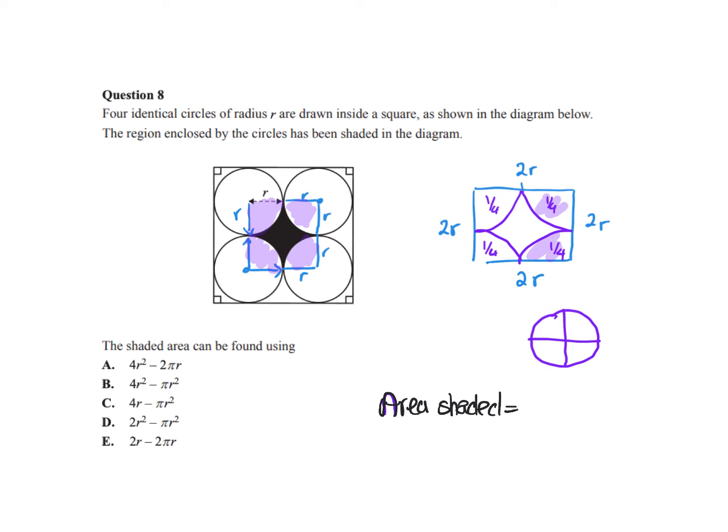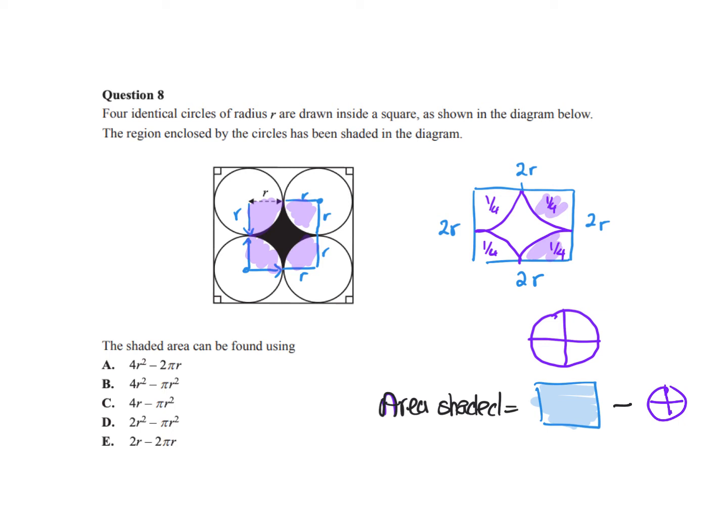What about if I found the area of the full square, and then cut out the area of those four quarters? Wouldn't I be left with just the bit in the middle? Is that true? Yeah. So I'm going to say that the area is the square minus the area of the four quarters. Four quarters makes a full circle, doesn't it?